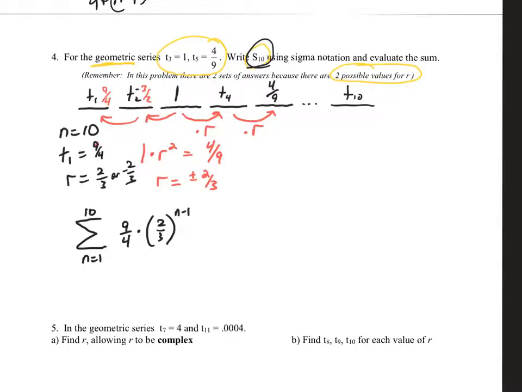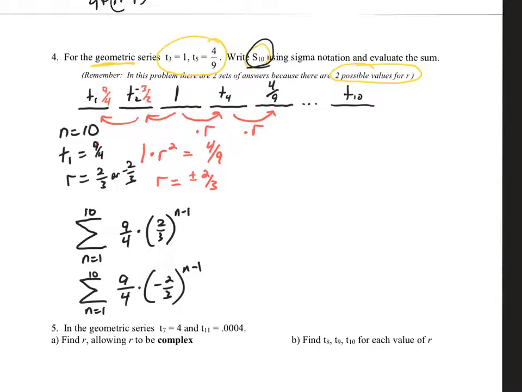And if we were to do this with negative 2/3, it would be this same exact sigma notation with one quick change, which would be making that negative 2/3. Okay?